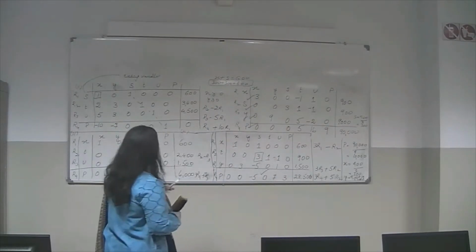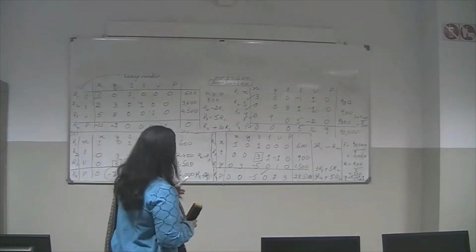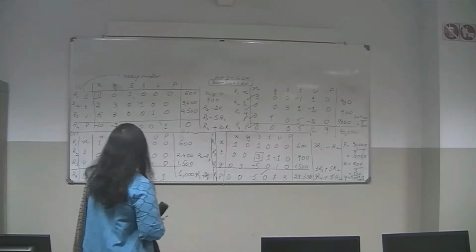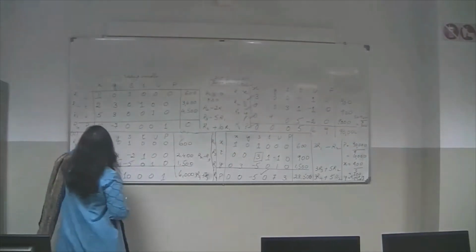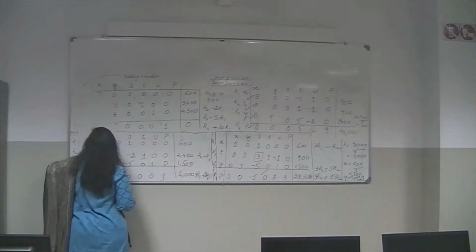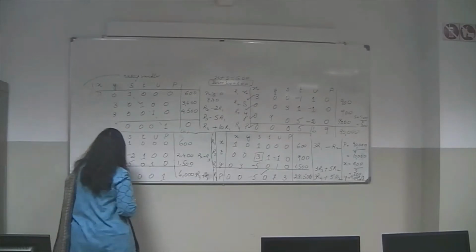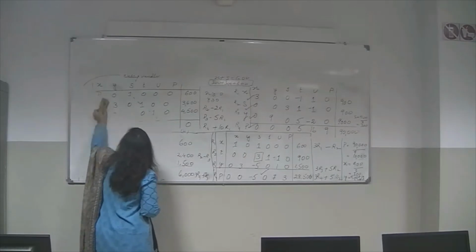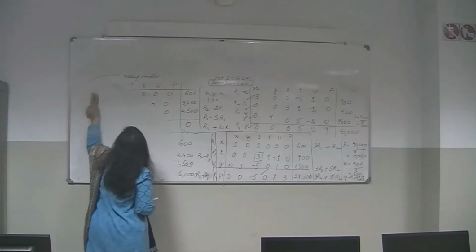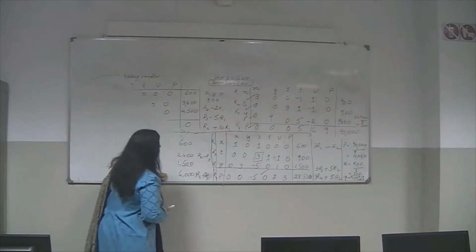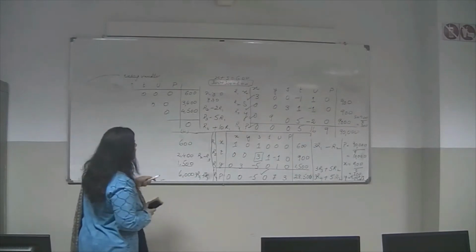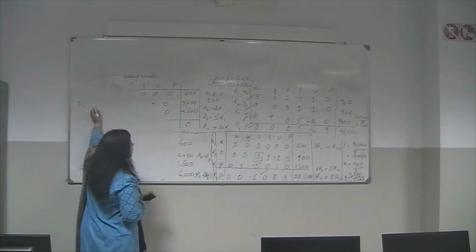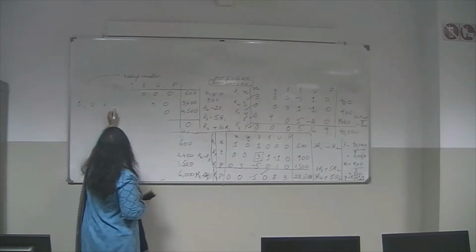Now, also we need to draw the graph for constraint maximization. We already had the equations with us. So let me just rough this up. Let me just say that all the other variables like t and u are equal to 0 in this case.